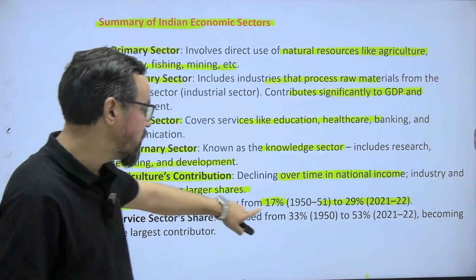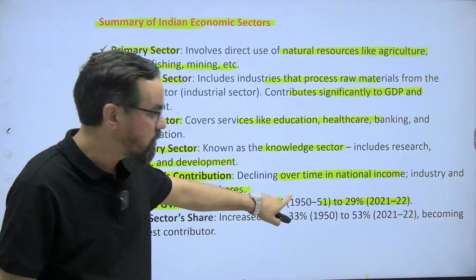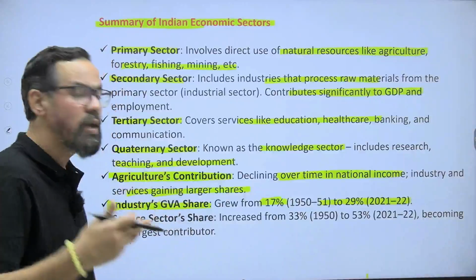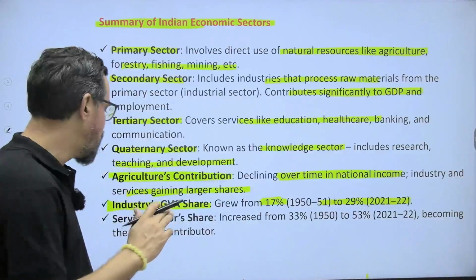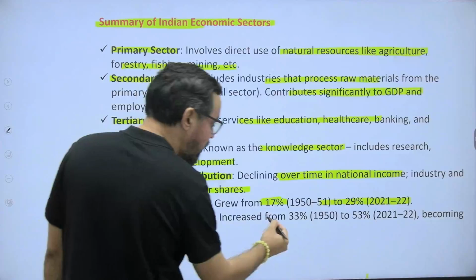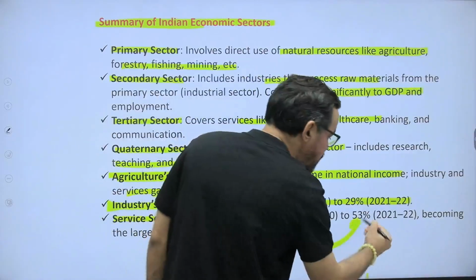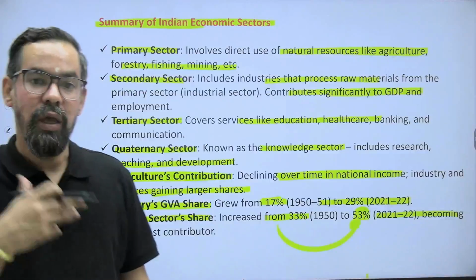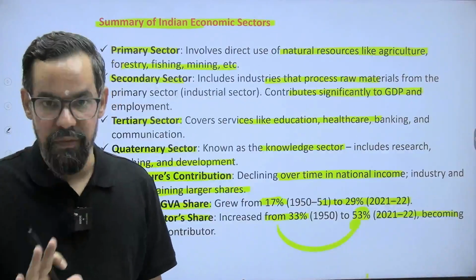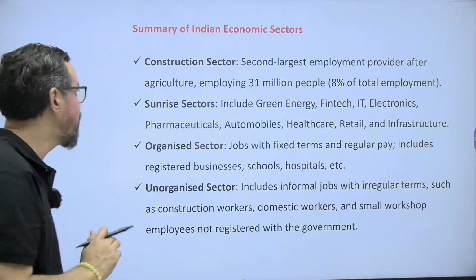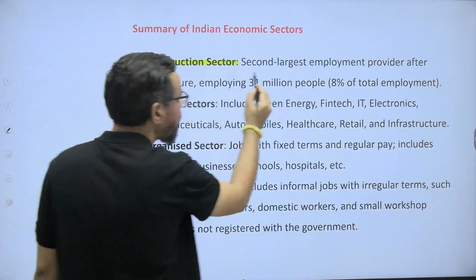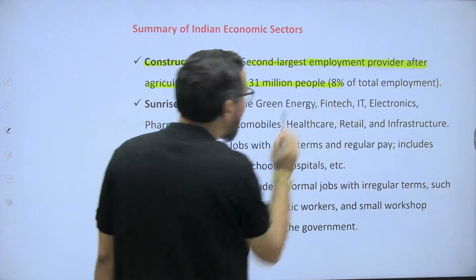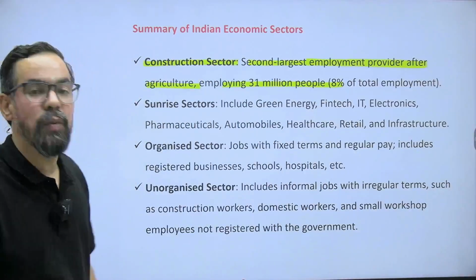So in 1950 it was around 17%, and now it has increased to 29%, and it has become the second largest sector to contribute to Indian GDP. Service sector share increased from 33% to 53%. Okay, so maximum contribution in our GDP we have from the service sector, or the tertiary sector. Apart from this, the construction sector is the second largest employment provider after agriculture, employing 31 million people, 8% of total employment.